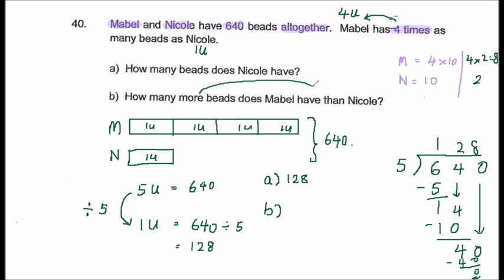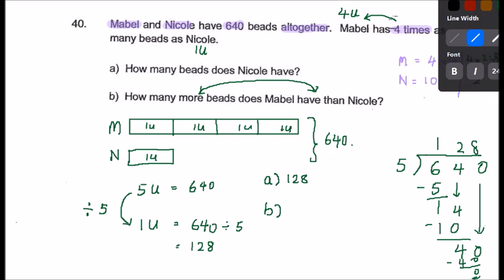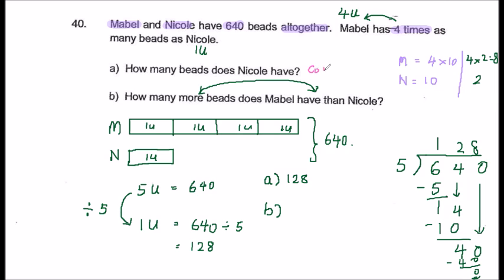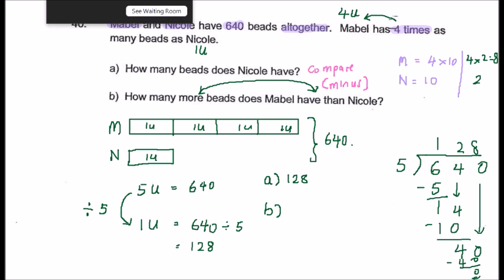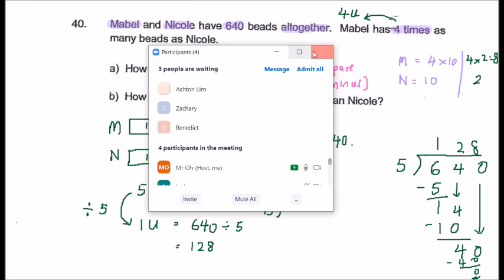When you have this "more than", remember we did the "more than" just now. We are doing comparison. And when we want to compare, we have to minus. And there's another way to do this question.